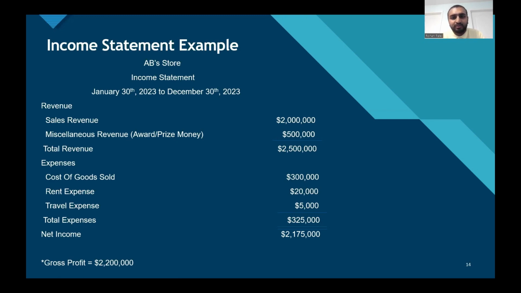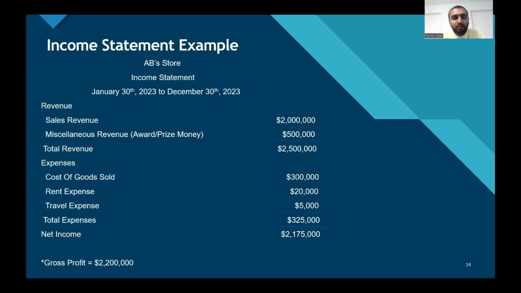Now that we have the total revenues, now we calculate the expenses. First and foremost, we look at the cost of goods sold, and that is $300,000. As we discussed in the previous slide, cost of goods sold is beginning inventory plus purchases minus ending inventory. So that is how we would get that number.